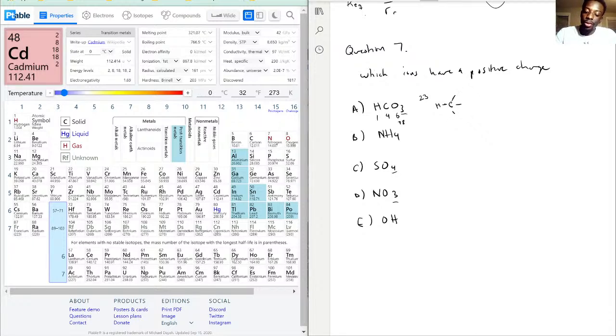So remember that each bond counts as 2, okay? And we only want to fill in as much as we can. So in this case, we have 8 right now, 9, 10, 11, 12, 13, 14, 15, 16, 17, 18, 19, 20, 21, 22, 23. And now we notice that won't work.